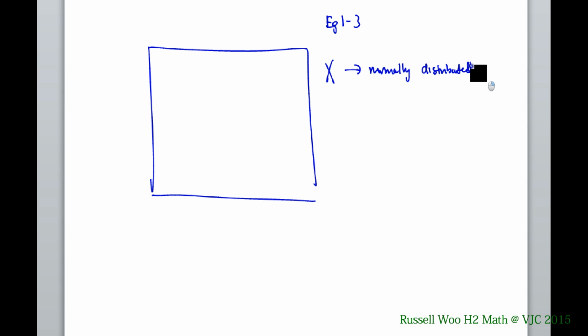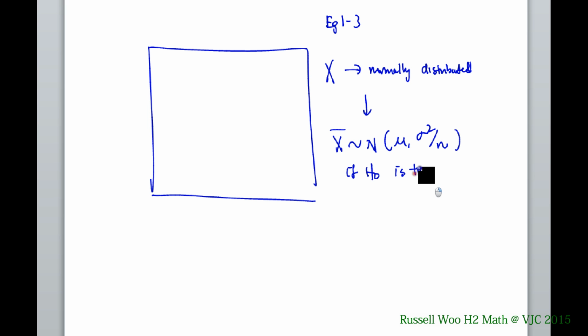If X is normally distributed, we say x bar follows a normal distribution with mean mu and variance sigma squared over n, if H naught is true. Correct? Follow?